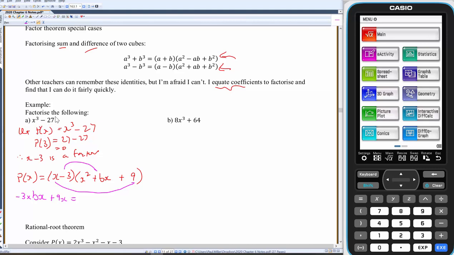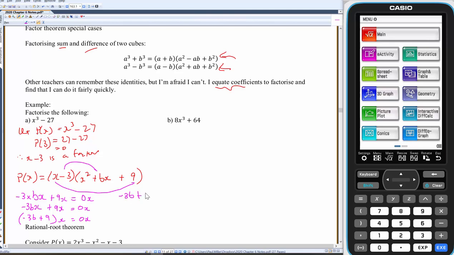Now notice that there isn't one in this case. Well, that's all right. The x term then we can say is 0x. That's -3bx plus 9x equals 0x. This is then going to be (-3b plus 9)x equals 0x.